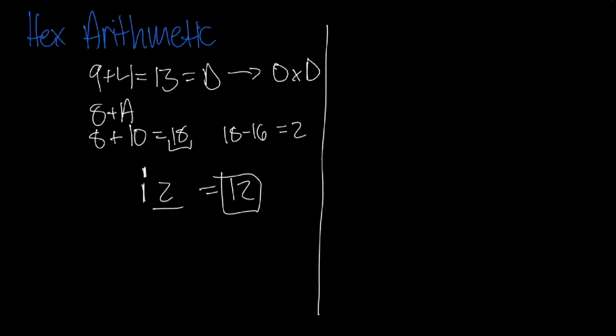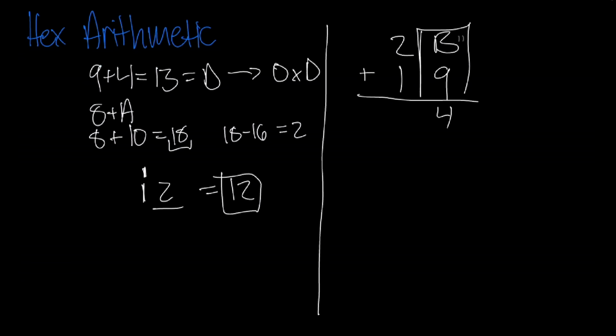All right, let's look at a more clear example. So let's add 2B plus 19. So in this first column, we're doing B plus 9, and we know that B is equal to 11. So we'll just write this as a little hint. B is 11. So really we're doing 11 plus 9. 11 plus 9 is 20, and since 20 is more than our current base, we're going to do 20 minus 16, which gives us 4.